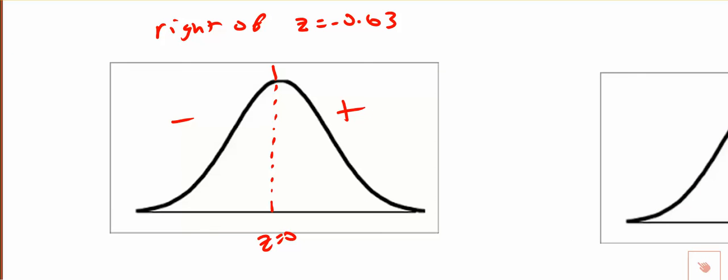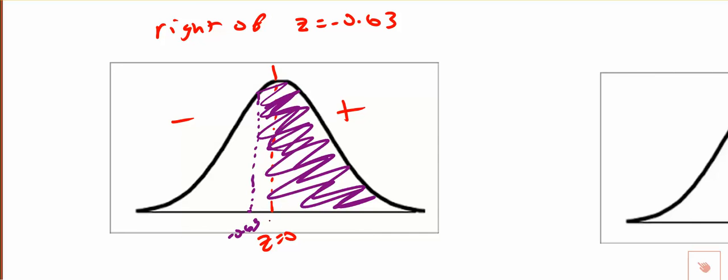Okay, what about to the right of negative 0.63? Well, again, draw your diagram out and make a little sketch of where you think negative 0.63 would be. And we want to find the area to the right of that. So the area to the right of negative 0.63 is going to be everything over here.